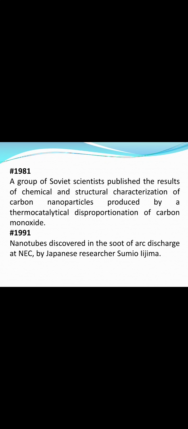Finally, in 1991, nanotubes were discovered in the soot of arc discharge at NEC by the Japanese researcher Sumio Iijima. So this is the discovery of carbon nanotubes.